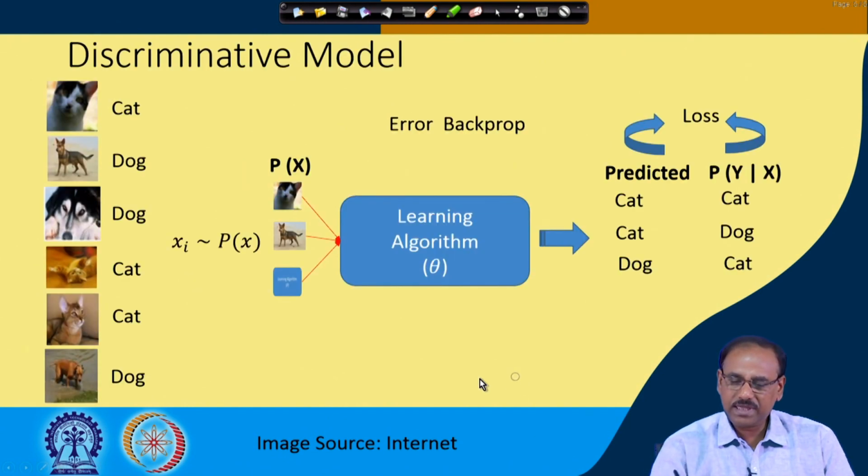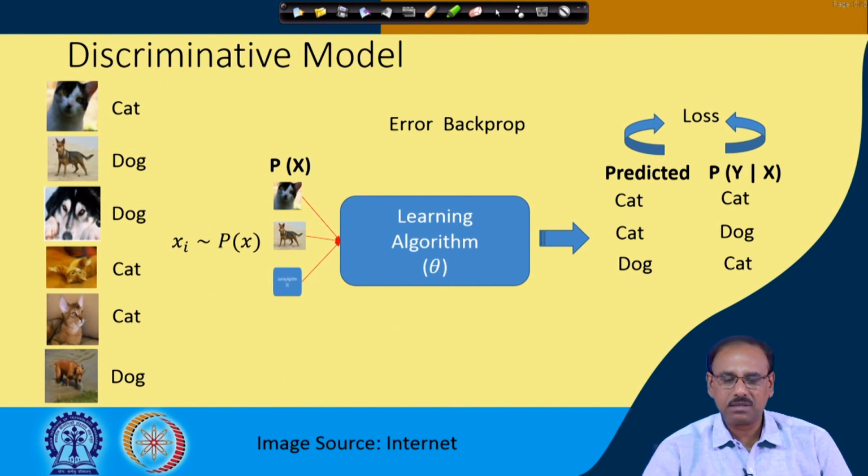If I represent every image or object as a point in a distribution given by Px, then in a discriminative model, given this distribution x, Px, and given the set of classes y, I try to find the a posteriori probability P of y given x. That is, given an input, what is the probability that it belongs to a certain class. That is the discriminative model.